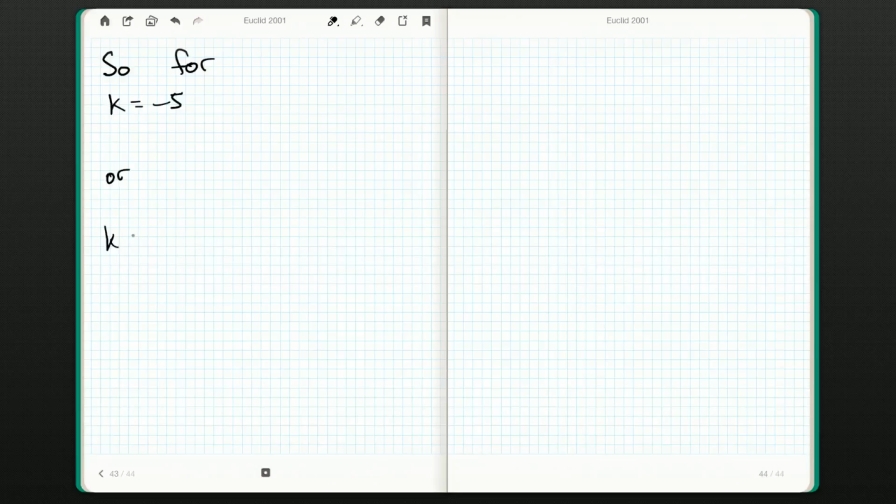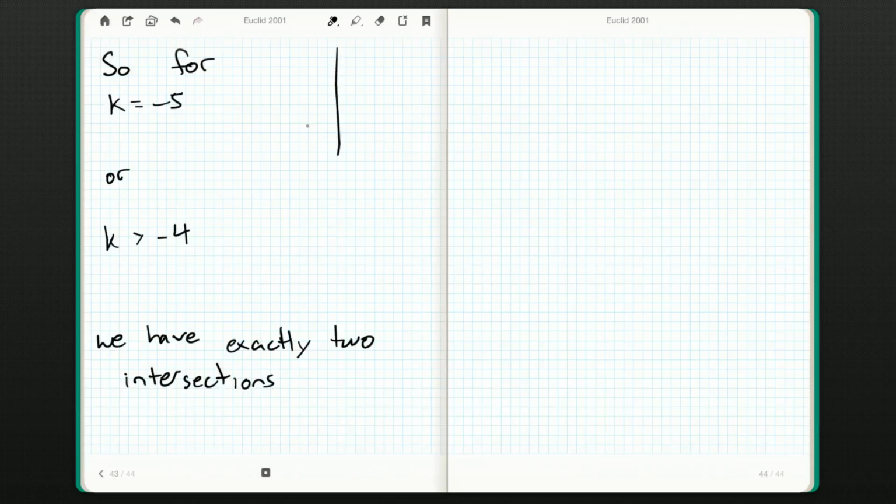So for k equals negative 5, or k greater than negative 4, we have exactly 2 intersections. Okay, so let's just draw 2 pictures of what we've got going on here.